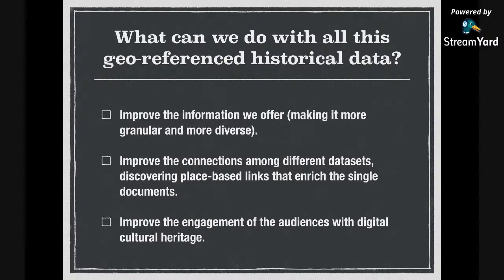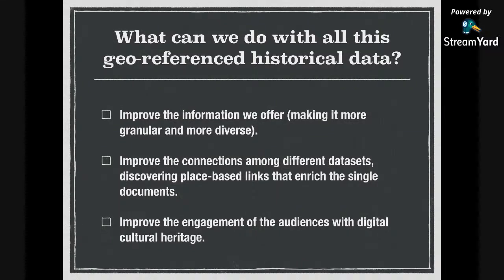discovering more about James' project, what can we do with these very different kinds of geo data, place-related data, location data? Well, many things, but these are, I believe, those that emerged a little bit more during our conversation. And first of all, we can improve the information that we in culture heritage offer about places.